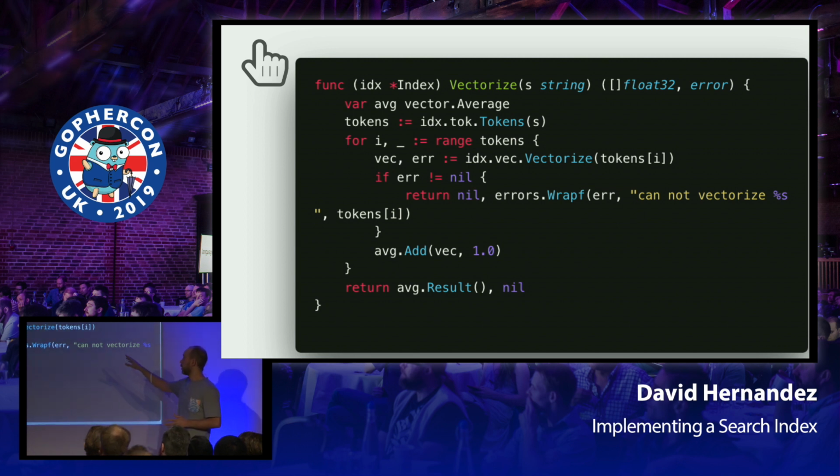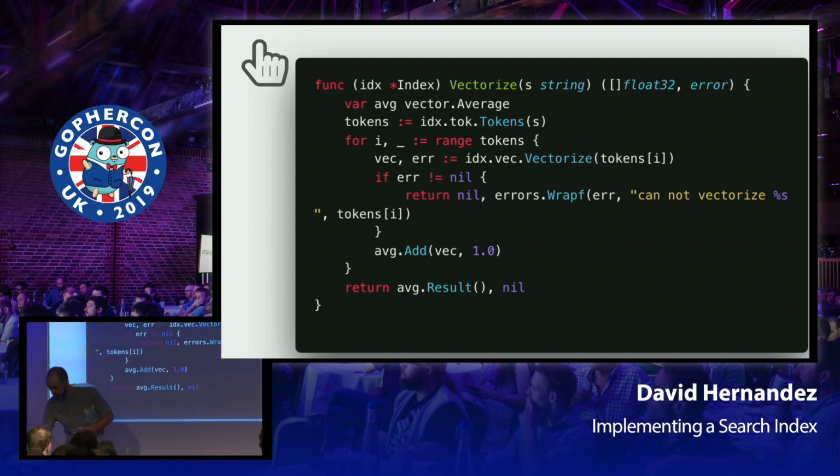For each word or token, we vectorize the token, like with the Word2Vec representation. We accumulate those vectors to calculate the average, and at the end, we just return the average. So we can represent a sentence in a vector space. And that's also pretty cool.